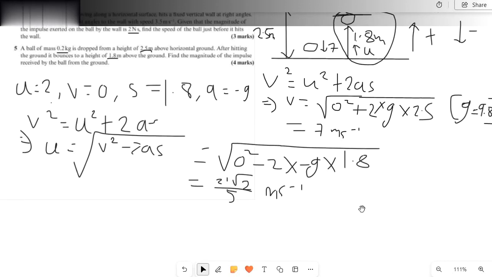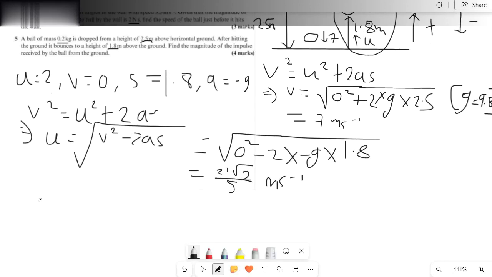And now we can calculate the impulse, which is I equal to mv minus mu, in modulus because we simply have to find the magnitude and not the direction.